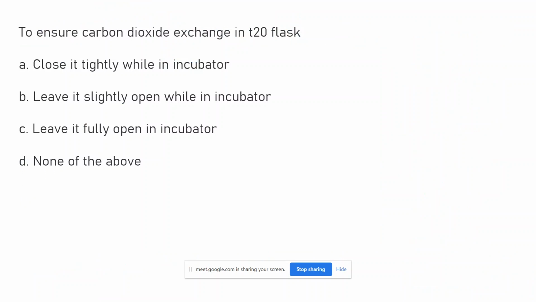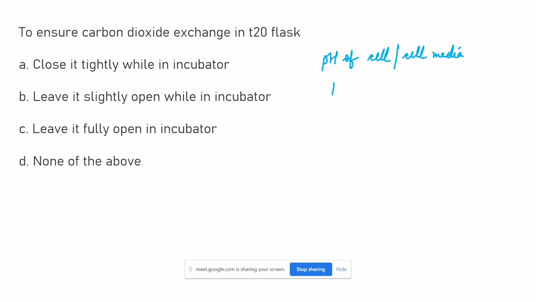So moving on to the next question. The next question is, to ensure carbon dioxide exchange in a T25 flask, what do you have to do? We discussed this in the previous lecture. If you have missed those lectures, you can go and visit them again on the YouTube channel. CO2 is a very important gas in maintaining the pH of cells or cell media.